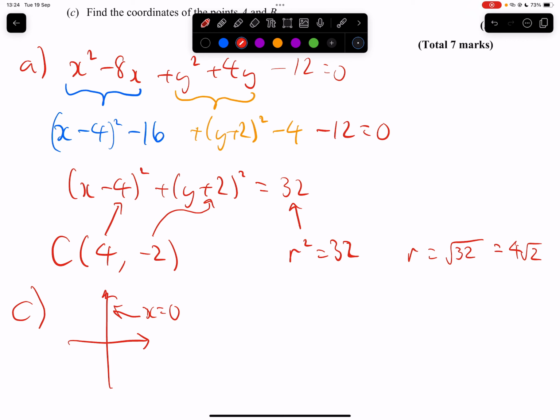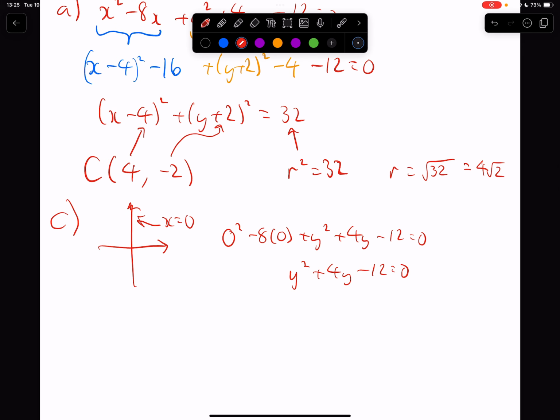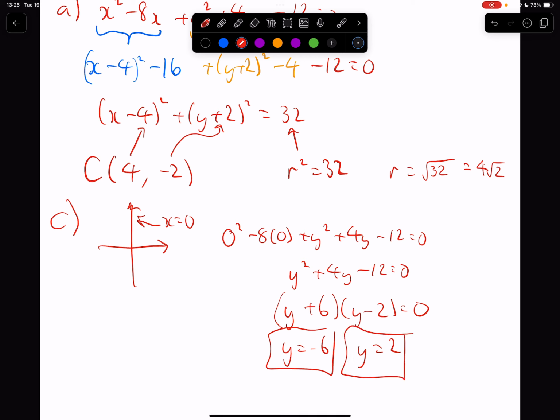If we take either version of this, it might be easiest if you take the original version, but it doesn't matter, and we put x equals 0 in, we'd end up with 0 squared minus 8 lots of 0 plus y squared plus 4y minus 12 is 0. So we're just left with the y terms, and if we solve this, we will find out where it touches the y-axis. Since that factorises to (y plus 6)(y minus 2), that gives us minus 6 and positive 2 as the two places it touches the axis.